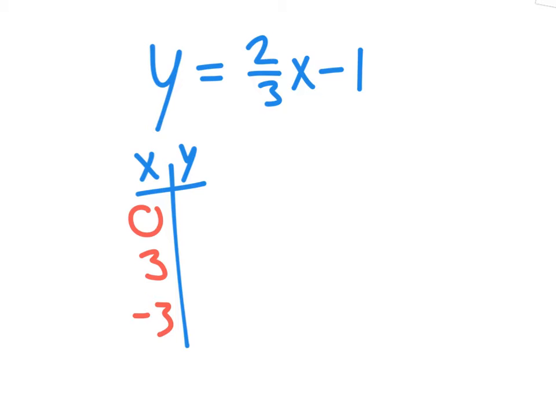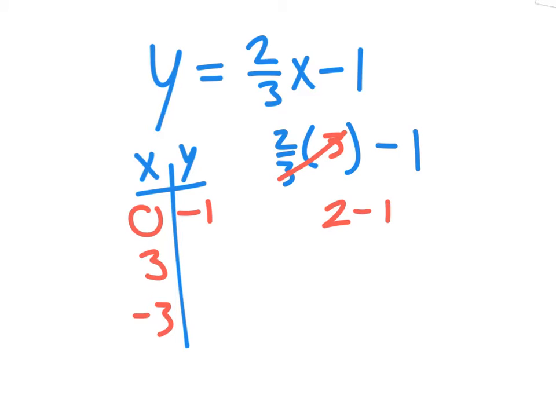The 0 works great because 2/3 times 0 minus 1 is just going to be a minus 1. You don't even have to show your work right there. The 3 is also easy because when you plug in the 3's cancel and you have 2 minus 1 and your answer is just 1. So you get a positive 1 as your output. And your negative 3 is also easy.